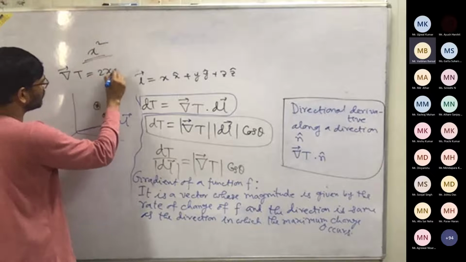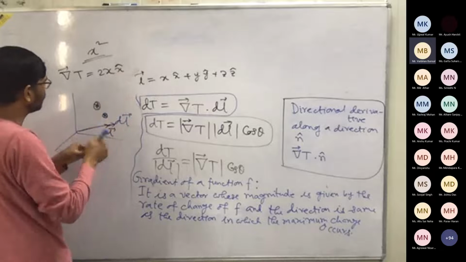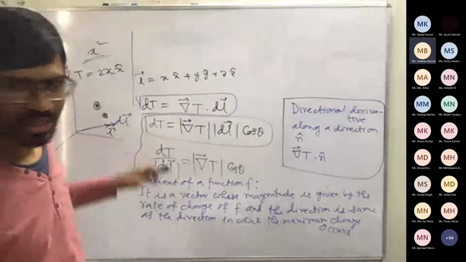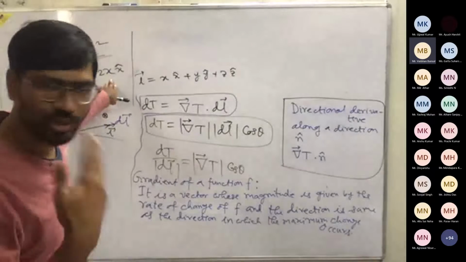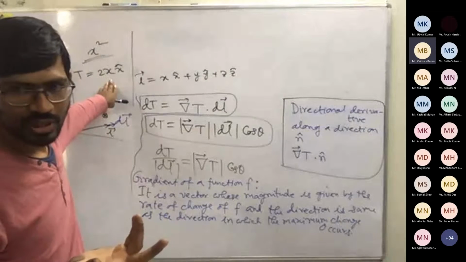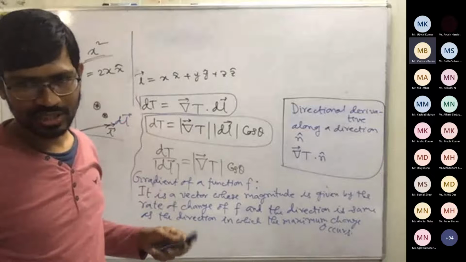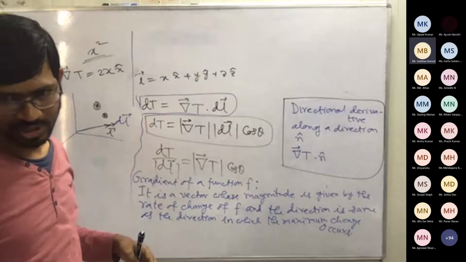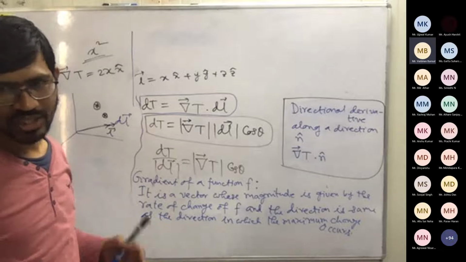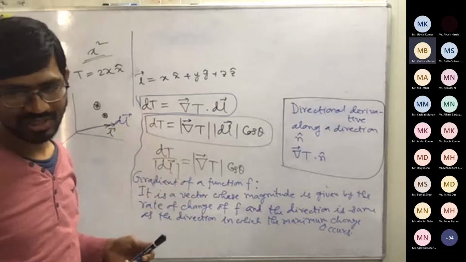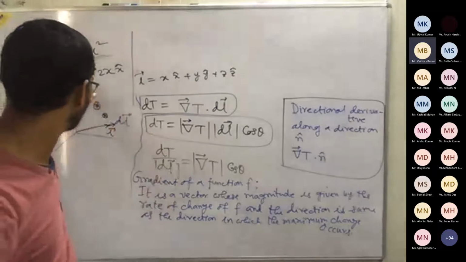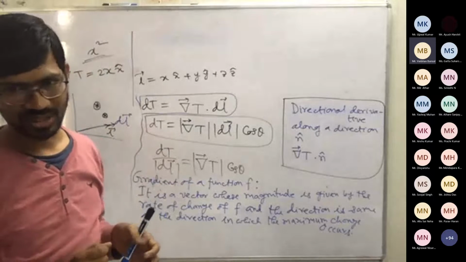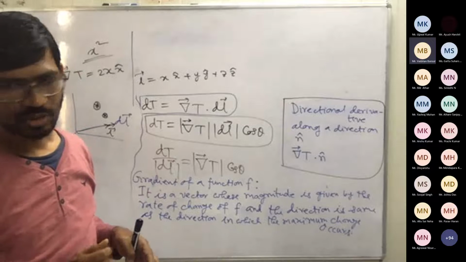That gave 2x x cap, so obviously it is 0 at x equal to 0. In your high school knowledge, you know that if a function's first derivative is 0, then it has either maxima or minima. So here, grad t equal to 0 will tell there is a local minima or maxima.